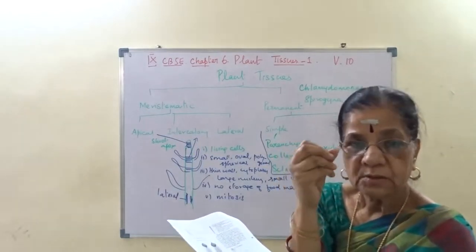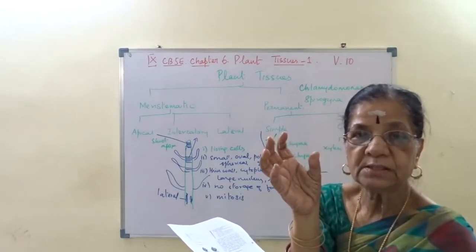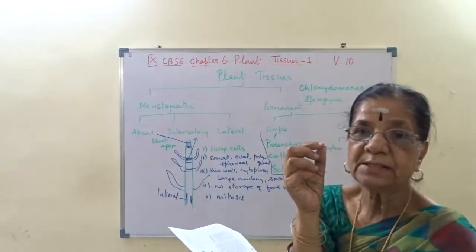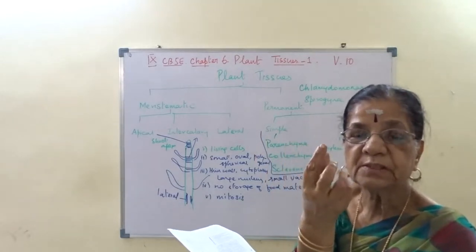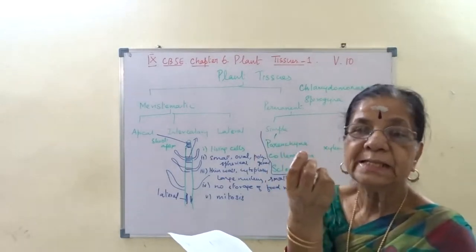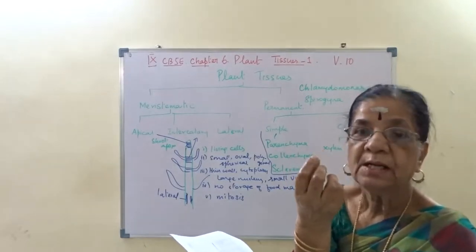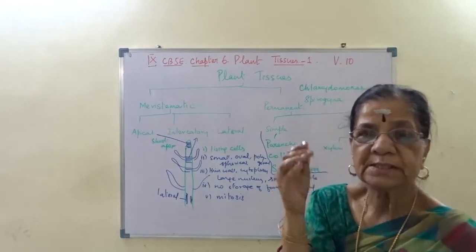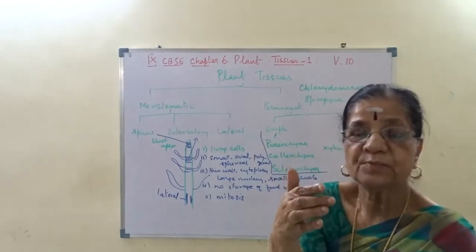Allow it to settle for 2-3 hours to 1 day. After some time, we find the root tip is swollen. This is the process of imbibition. Then make a small cut at the tip of the root and take a section.